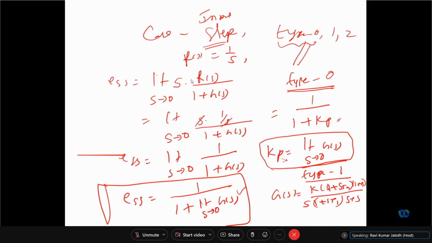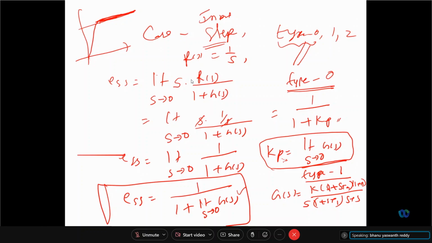When Kp is infinity, what is the steady state error? 0. It means if the input is a step signal, the output will reach its final value when t tends to infinity. No error means the output is equal to the input.